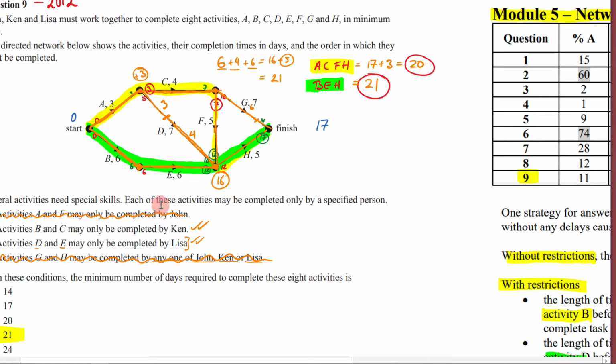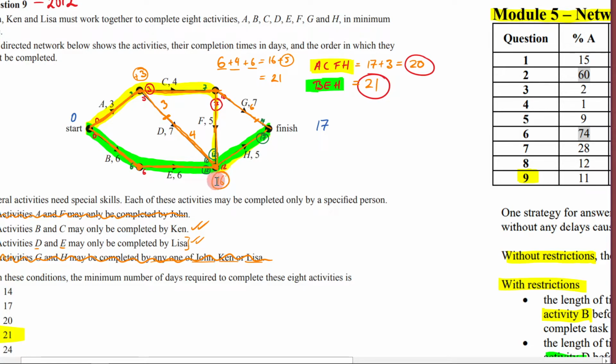Because remember what we said was, all right, activity D must be completed before activity E, but Lisa got a 3-day head start here, which means that this 3 plus 3 was 6, then plus an extra 4 days to complete activity D, then you add an extra 6 days to complete activity E. So that means that to get to this point right here took 16. Sorry, I'm going between hours and days. You know what I mean. Hours, days, it doesn't matter. 16 days to go there.